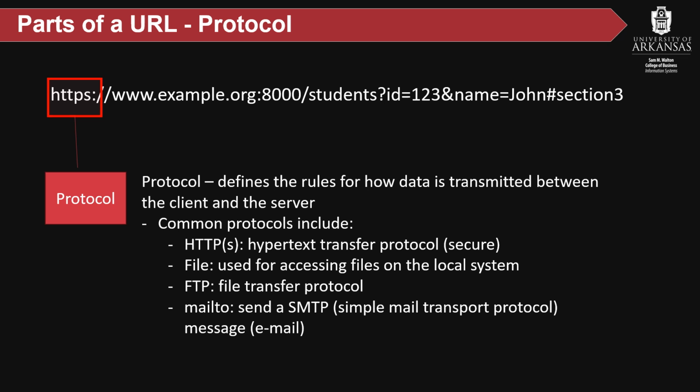And you may even see a URL with a mailto. This sends an SMTP request, or a simple mail transfer protocol, so an email can be used with this kind of a protocol for a URL.